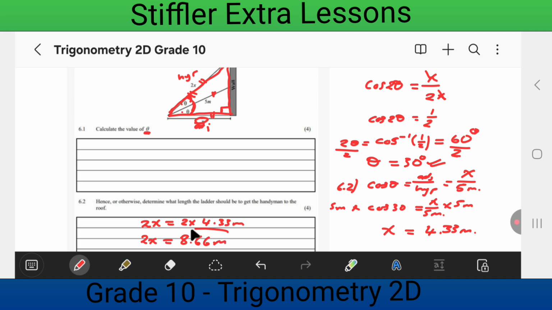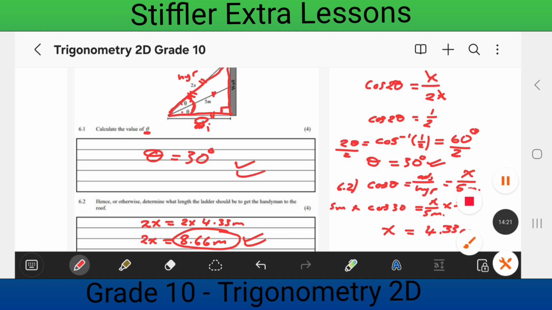So it means that the length that is needed is 8.66 meters, just like that. And here we found our value of theta to be 30 degrees. As simple as that. Let's just move to another example so that you can see how we can solve it as well.